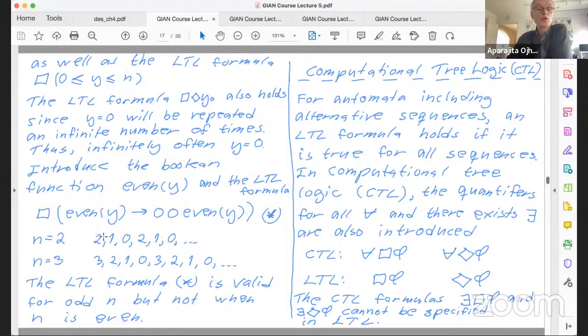So that means that, as I said, for n equal 2, this statement is not true, while it's true for n equal 3. And then it's also quite easy to realize that for all odd values of n, this is true, but not when n is even.